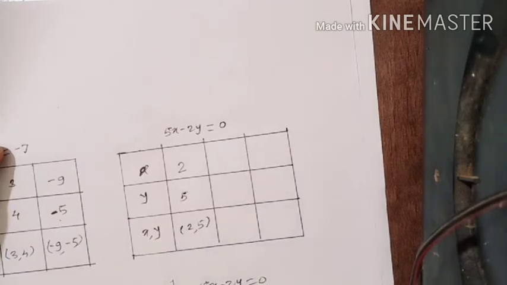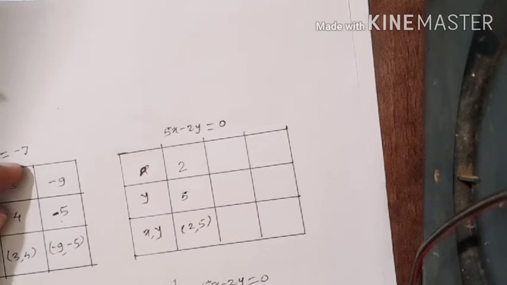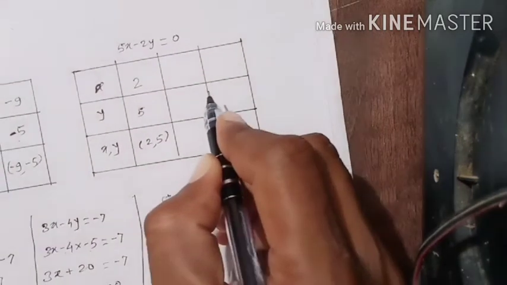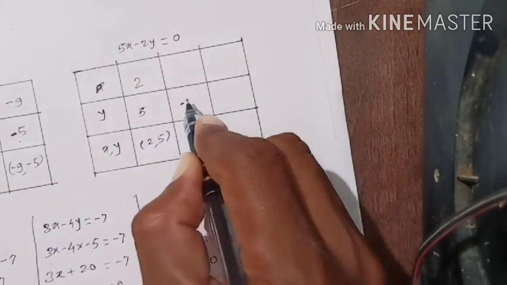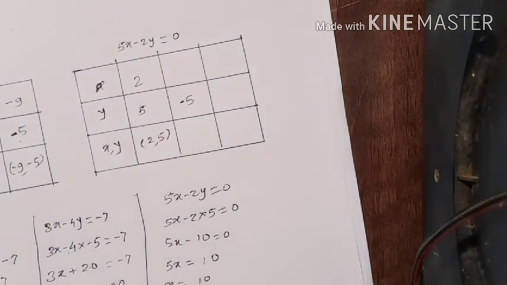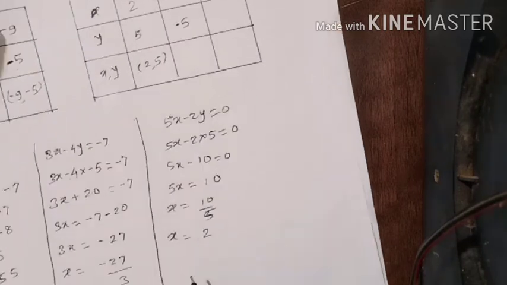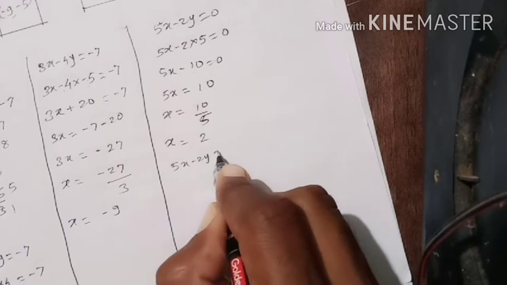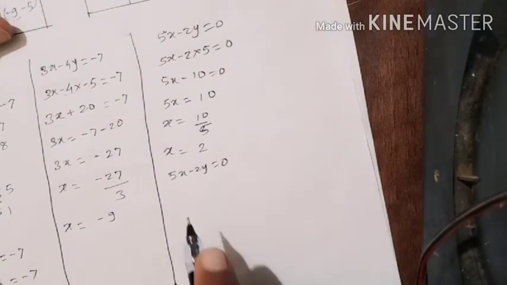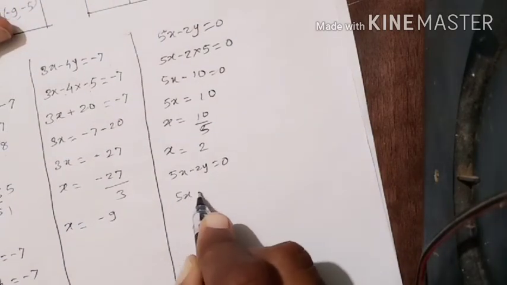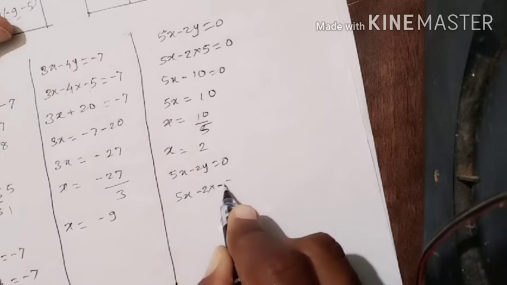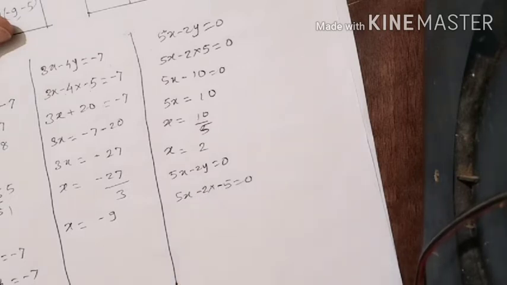Now boys, we will put the value of y as minus 5. Here suppose I will put the value of y as minus 5. Then what will be the value of x? See here, 5x minus 2y is equal to 0. Then 5x minus 2 into minus 5 is equal to 0.